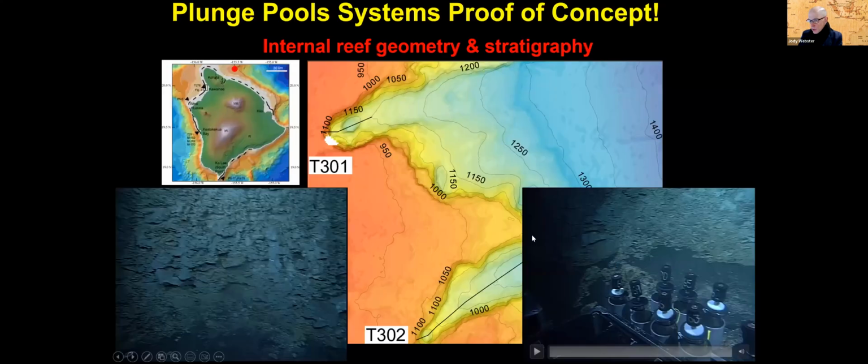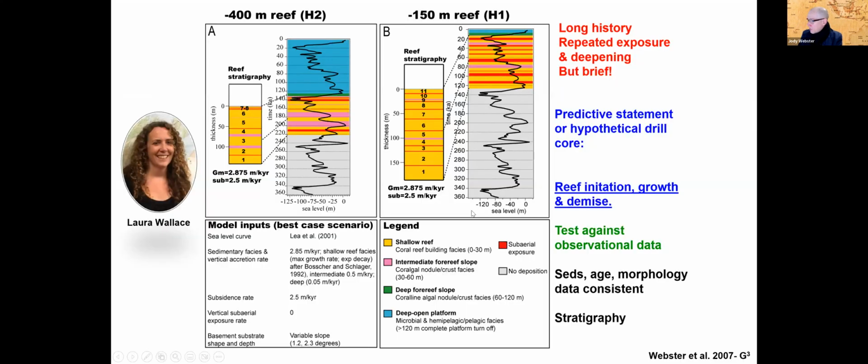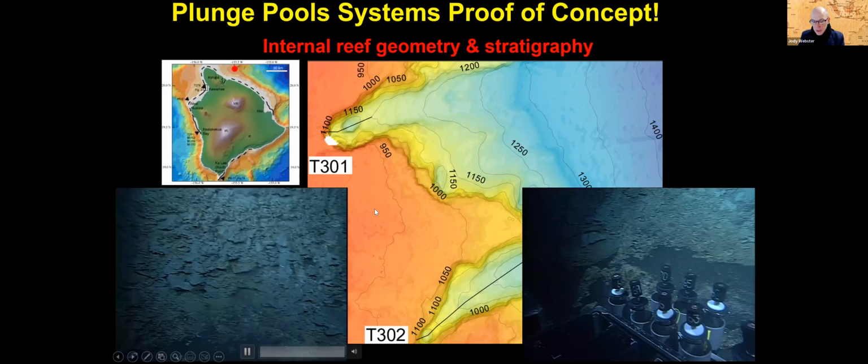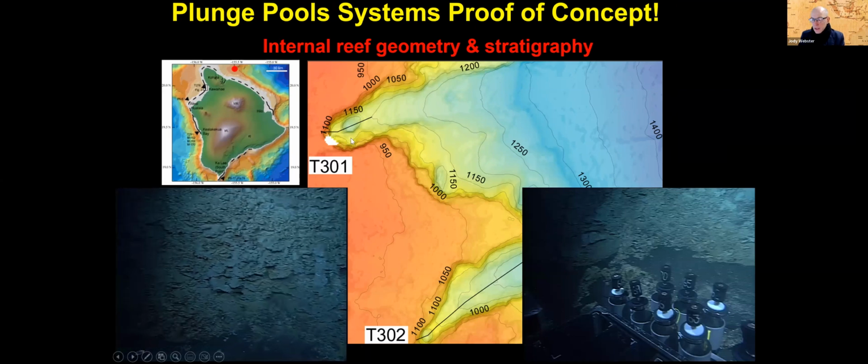Now, the proof of concept, I guess, if you will, comes from some of the sites where we can, in fact, see a cross-section through the reef sections. In some of these areas on the northeastern side, a place called Kohala, where we've done significant work with an ROV, here you actually have a plunge pool system.